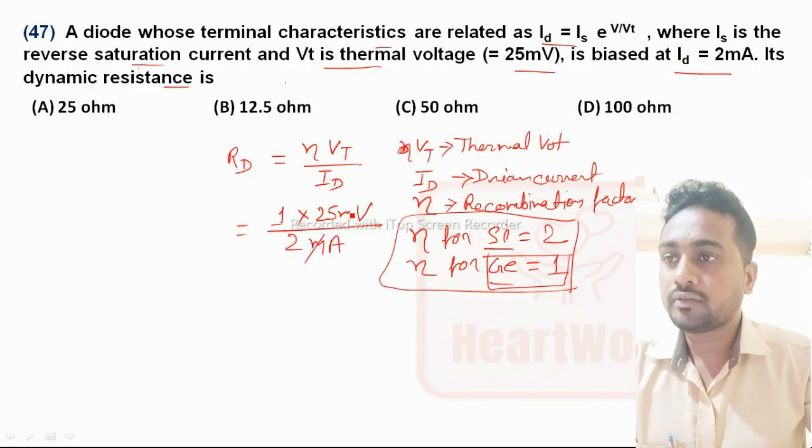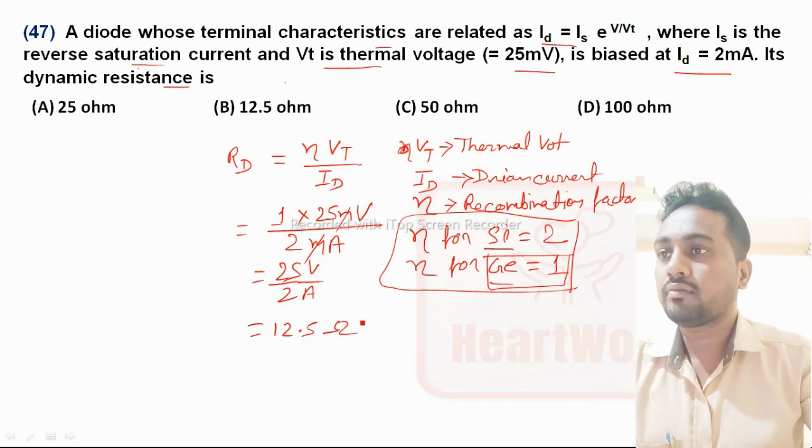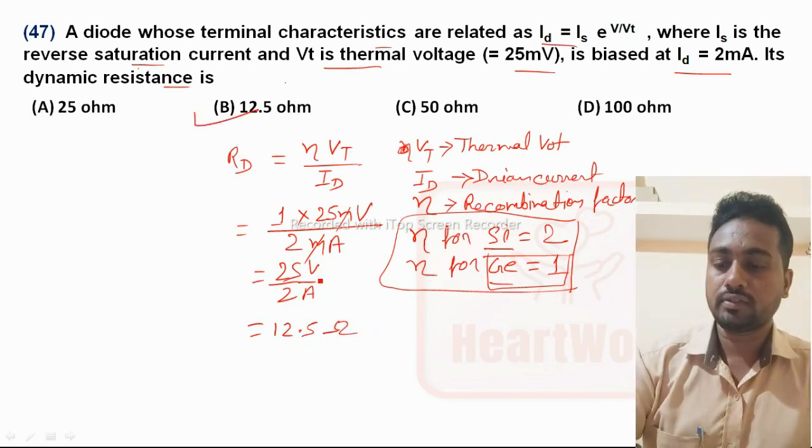The milli cancels, so we can write 25 volt by 2 ampere. So 12.5 ohm is the answer. That is option B, the right answer.